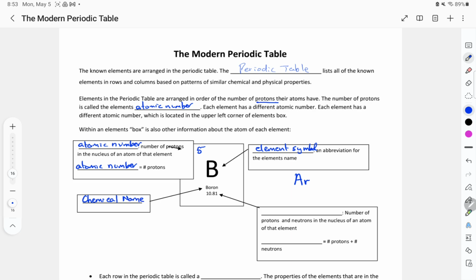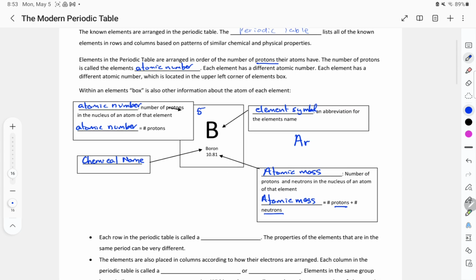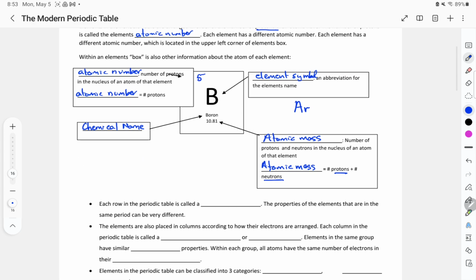The last piece of information, usually placed under the symbol or name, is our atomic mass. This is the mass of one of the atoms. Because electrons are essentially massless, atomic mass is equal to the number of protons plus the number of neutrons, as we talked about.